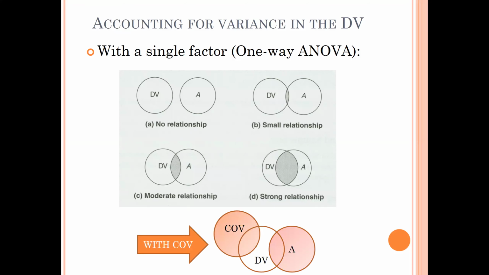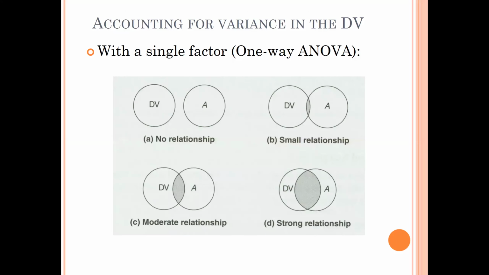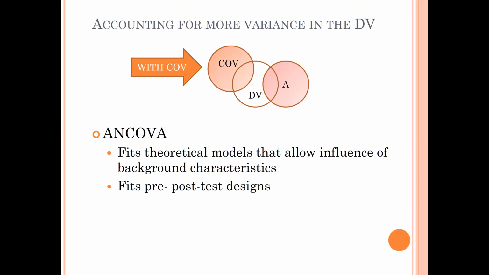So if you put in a covariate, you see that the unaccounted for portion of the DV is smaller. I'm sorry, again, if you put in a covariate, A and the DV are the same as in graphic C before, where it was a moderate amount accounted for.